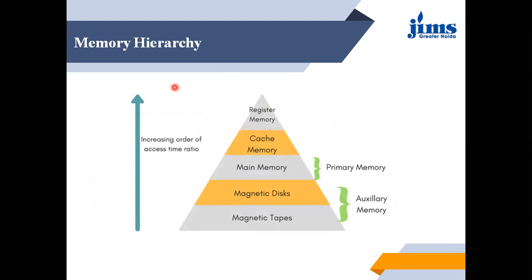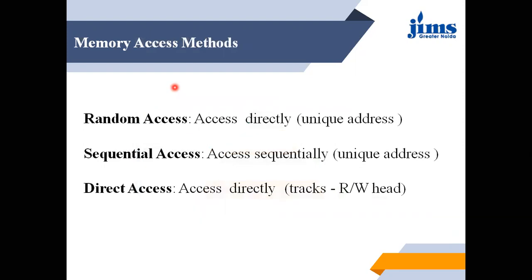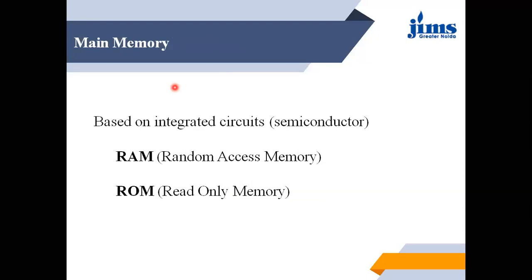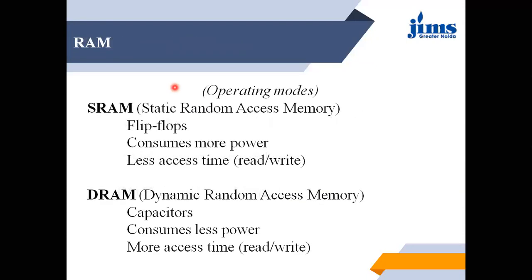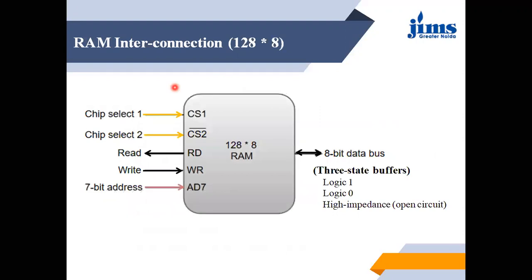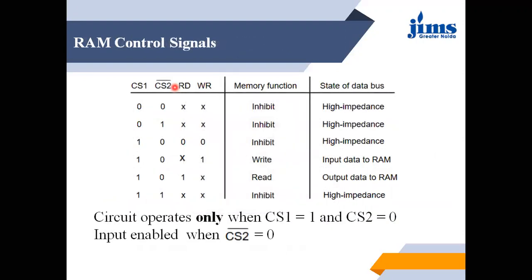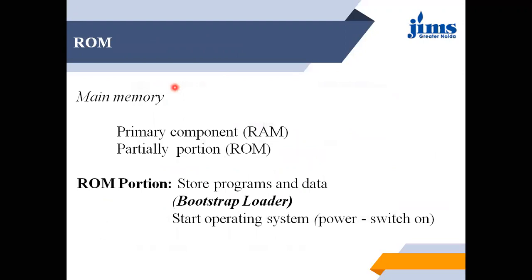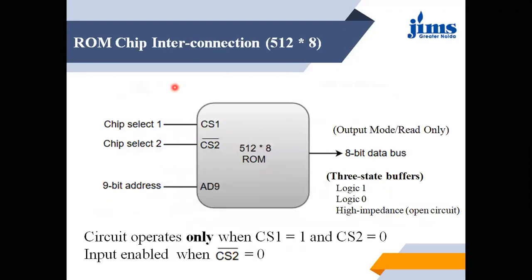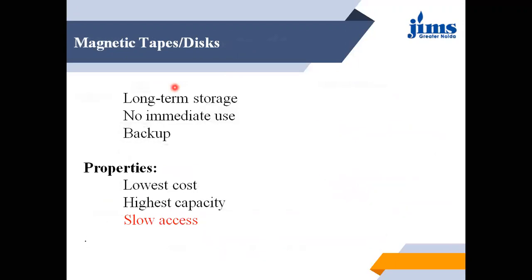Then we discussed the memory hierarchy, based on size as well as cost and speed. Then we discussed the primary memory, the RAM, the ROM, the interconnections and access signals, that is how the data is going to be accessed in RAM as well as in ROM.